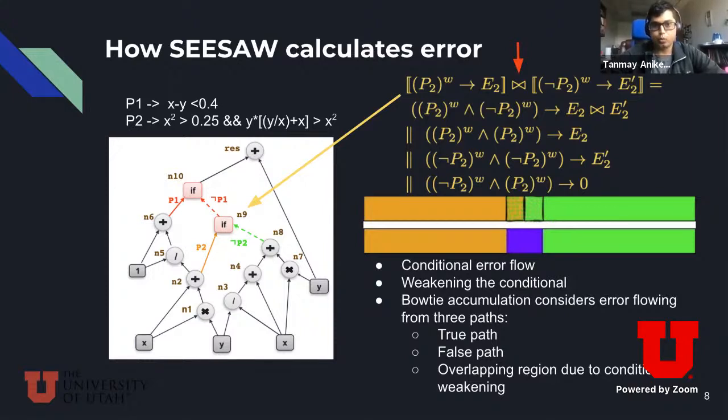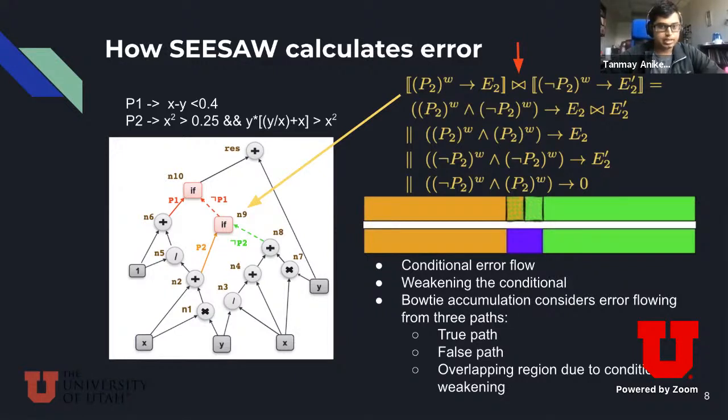This is accomplished by weakening the conditionals. The summation is written in a symbolic manner and accounts for all the available paths. For this, we introduce the concept of conditional pathwise summation represented by this bow tie symbol. When you weaken the conditional, there are three regions that are created. Suppose the node S9 in the CCG is our output node.